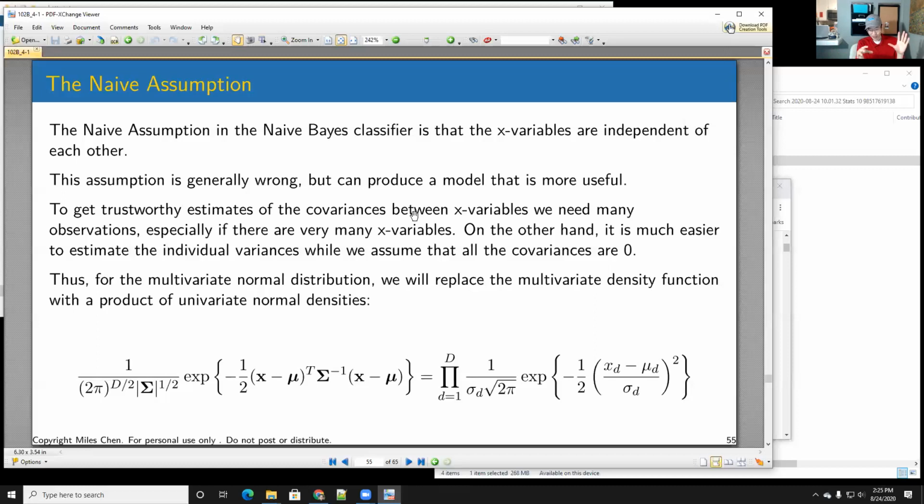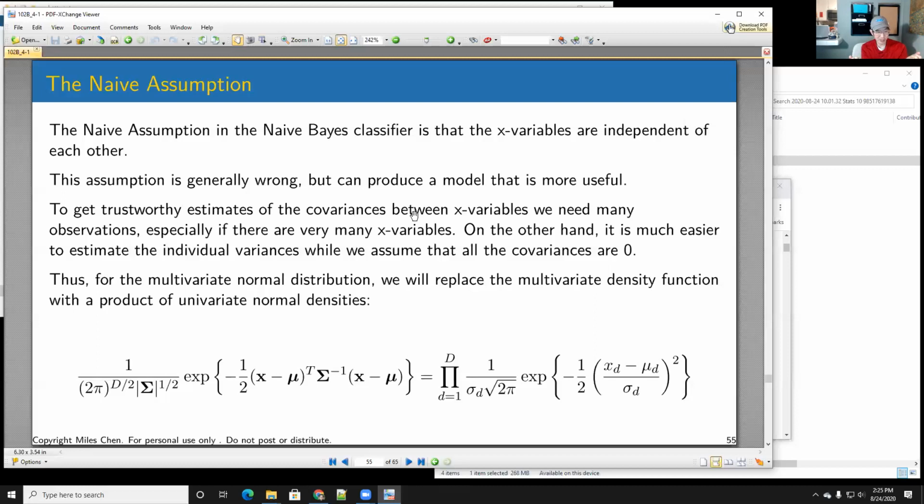And we know that based on the structure of language, certain words are more likely to appear together than other words. If you're talking about space, talking about stars and night and galaxy, stars and galaxy will have a higher covariance than, say, galaxy and politics.